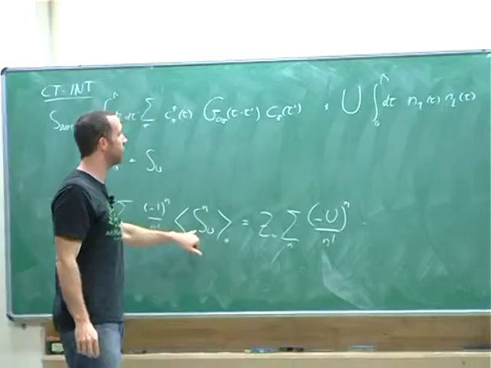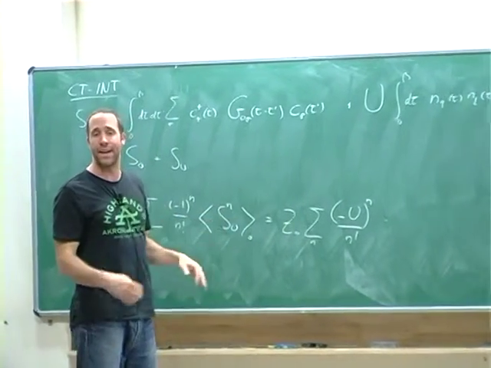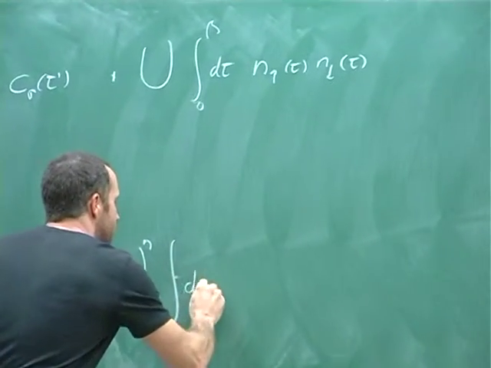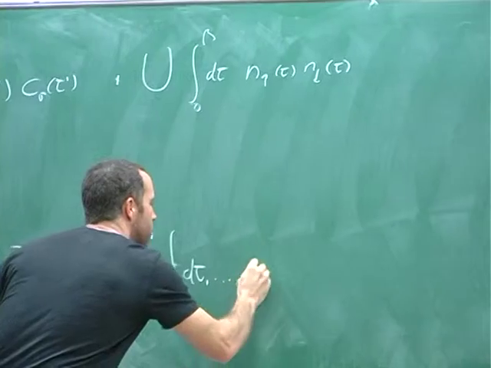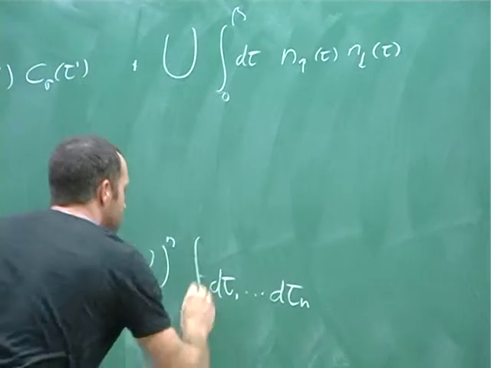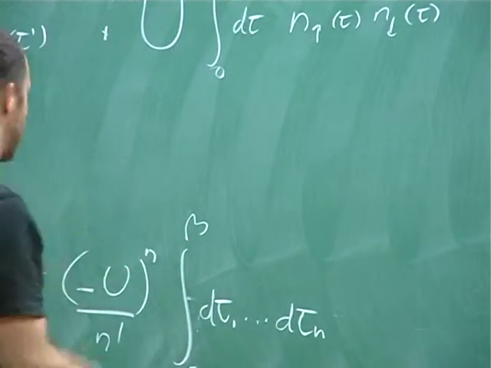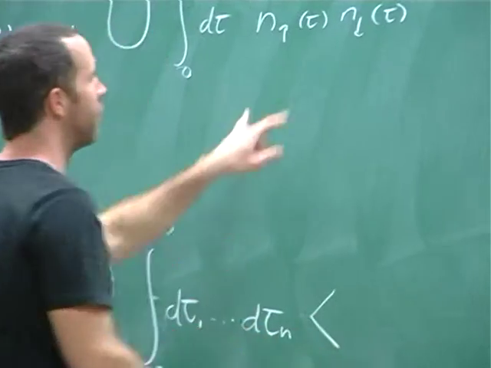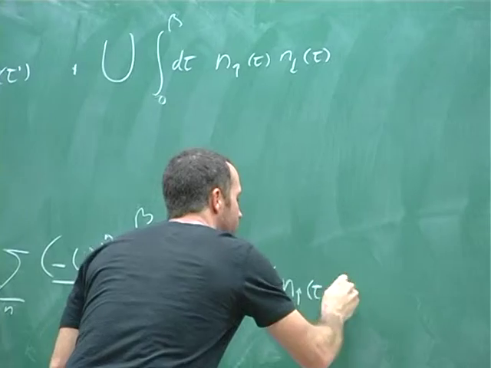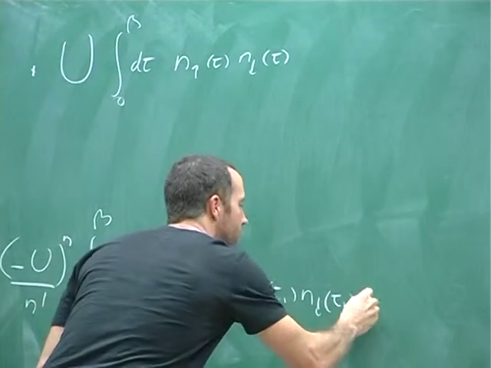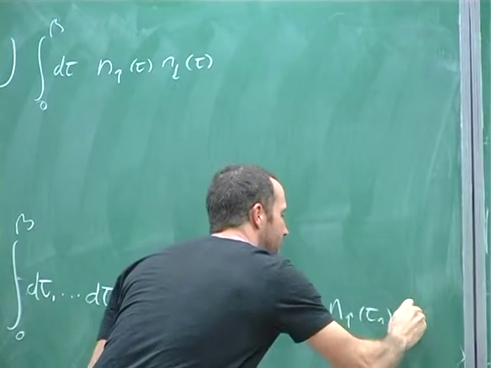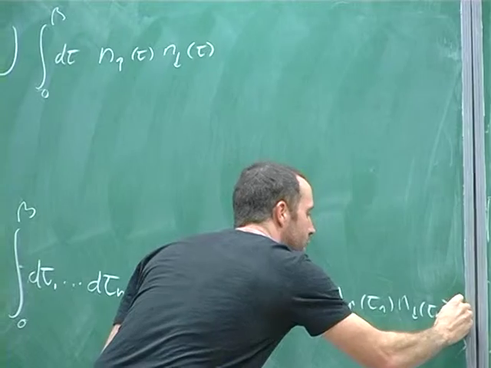Given that it's to the power n, I will have n integrals, which I'll write as d tau 1 to d tau n, these are my n integrals in time. They all go from 0 to beta. And what I'm left with is an average value of all these operators: n up of tau 1, n down of tau 1, and so on until n up of tau n, n down of tau n.